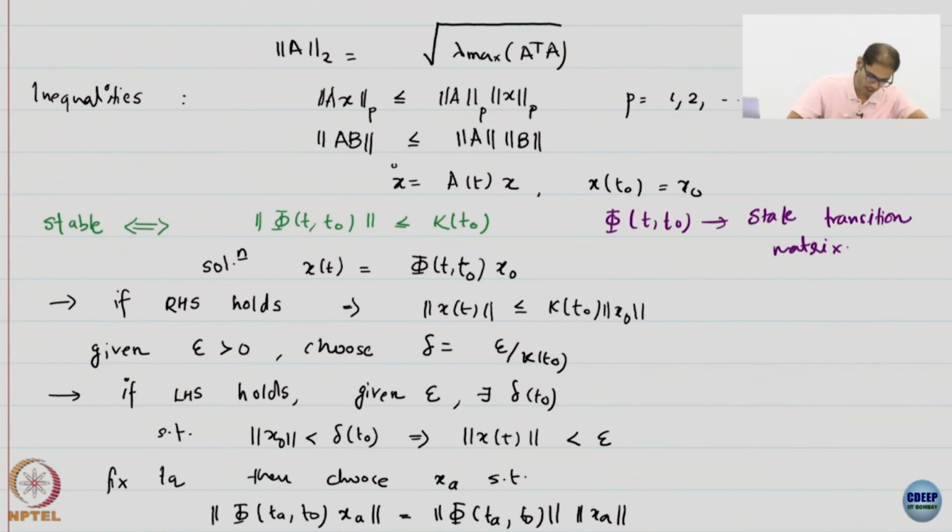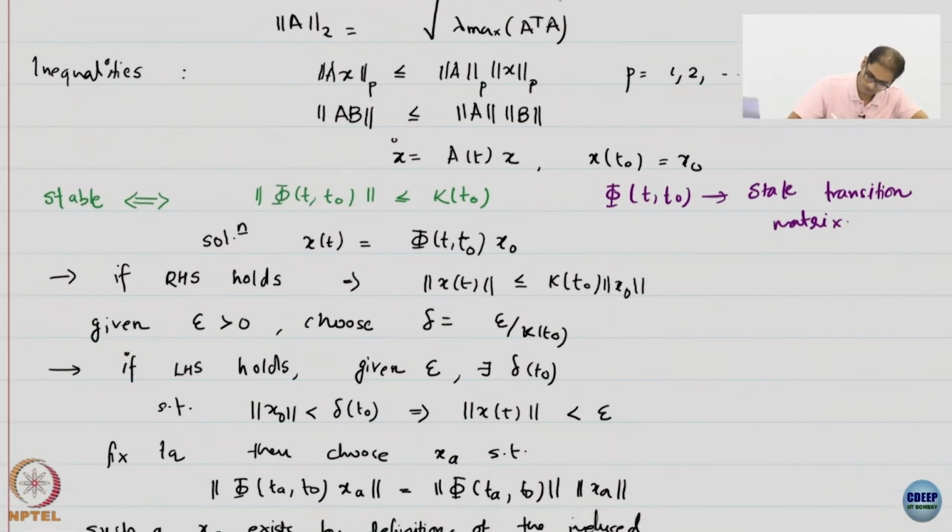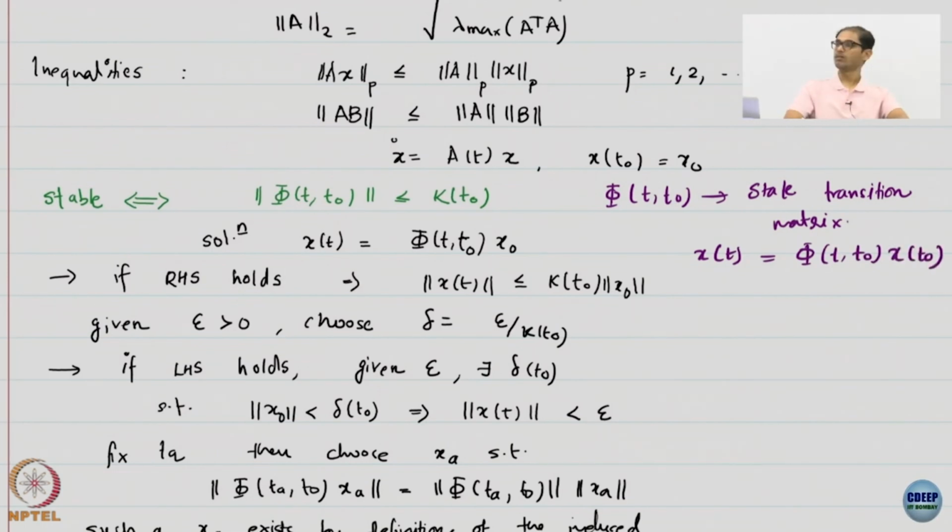And you also know that the solution at any time can be written in this way. This is how you use the state transition matrix.